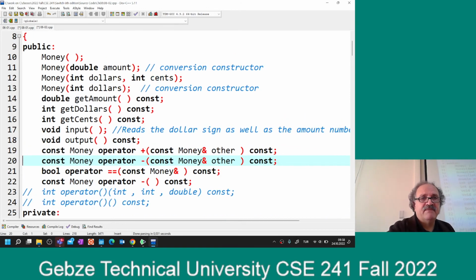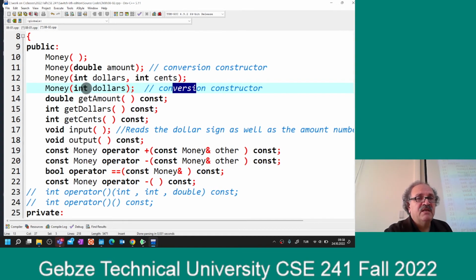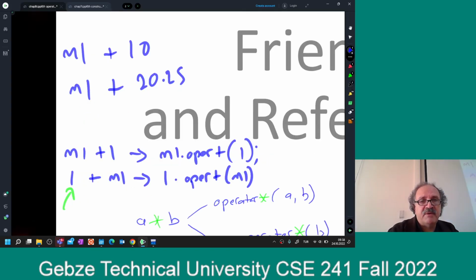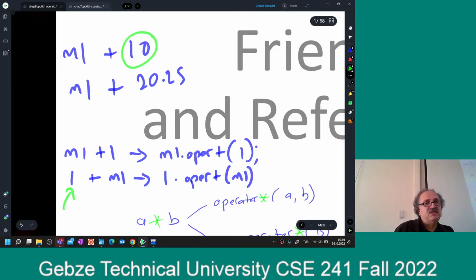This constructor says that if you give me an integer, I can make a money object out of it. This is called a conversion constructor. And the compiler says that in that case, I can make a money object out of this integer.